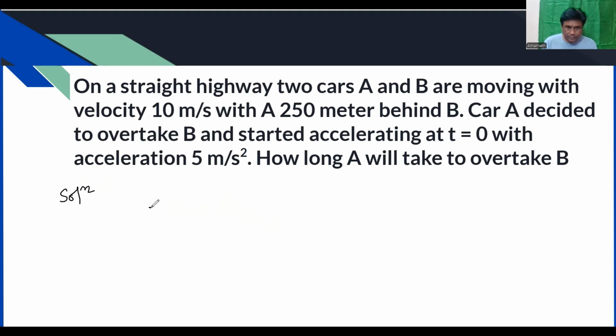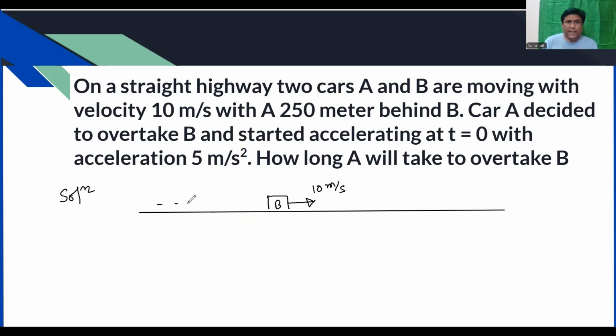Say this is the path, okay? In this path, B is here, which is moving with velocity 10 meter per second. But A is behind it by how much? 250 meter. So A is behind B by 250 meter.